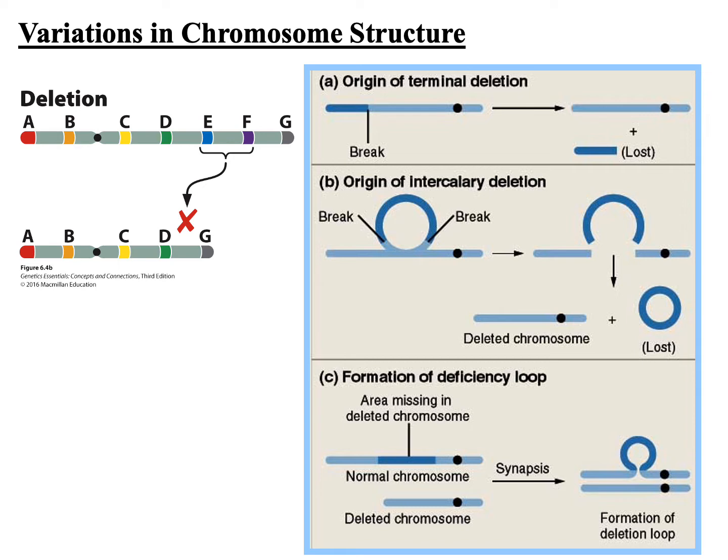Another way that this can actually take place is referred to as an intercalary deletion, and this is an internal deletion that takes place. Chromosomes themselves are not hard, fixed, rigid structures. They are soft, pliable, bendable structures. Think about them sort of like a piece of spaghetti noodle that's been cooked.